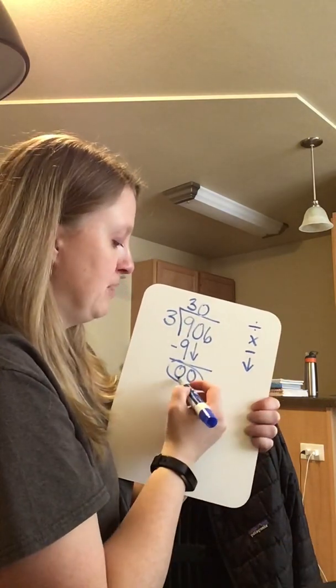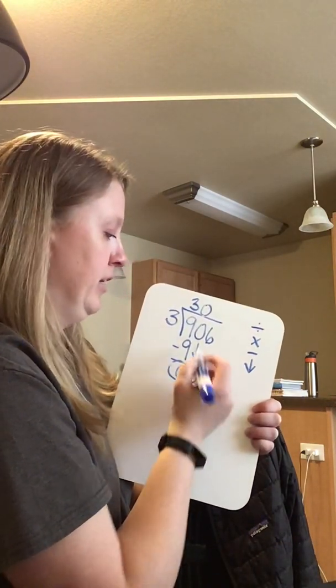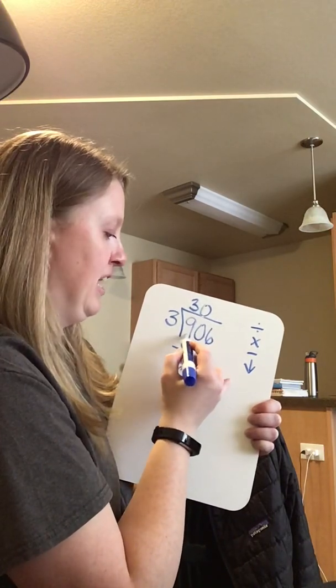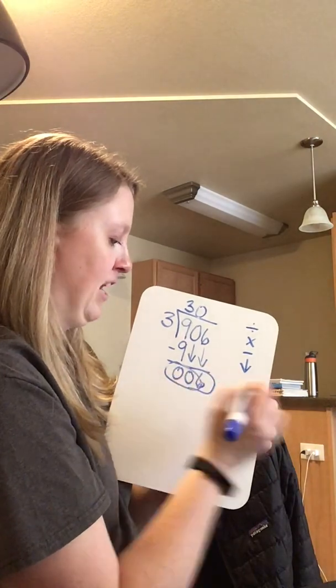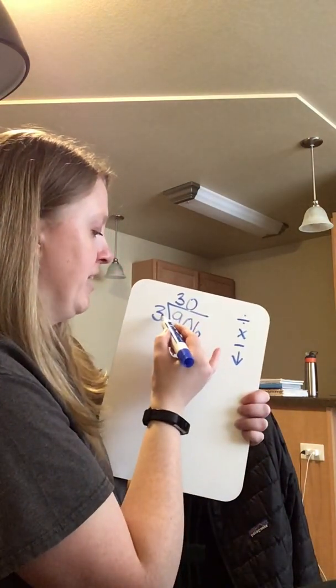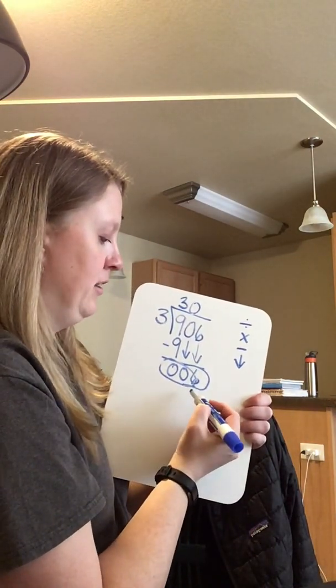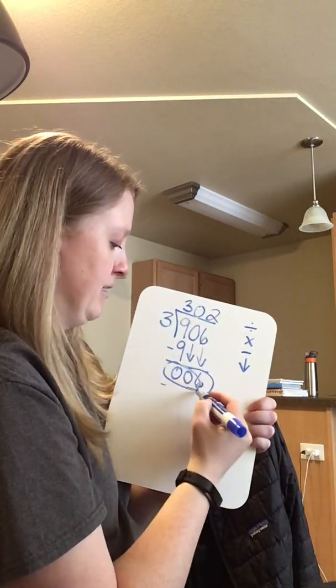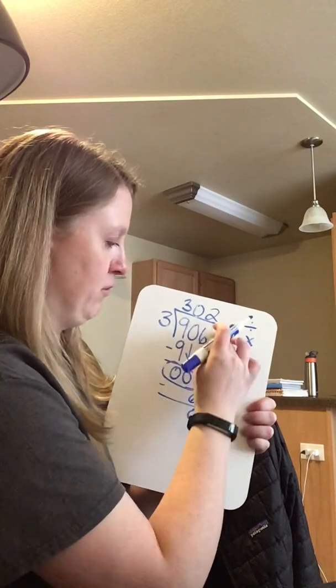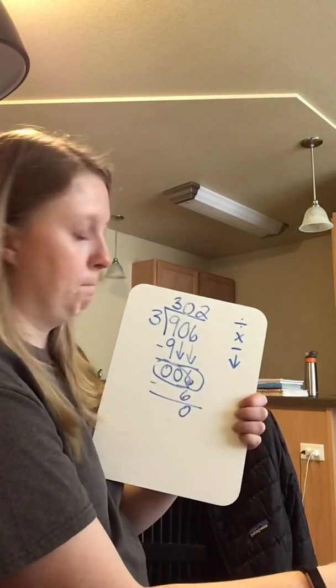Now, in order to expand from here, instead of doing our little lines like we did there, we just bring down the next digit and work from there. So start over. How many times can 3 go into 6? 3 can go into 6 2 times, which makes 6. Subtract, 0, nothing left to bring down, so no remainder.